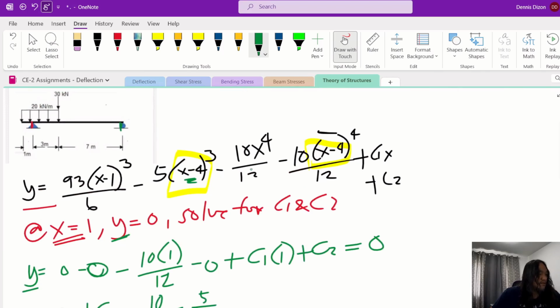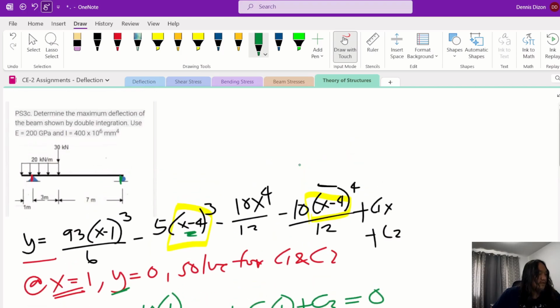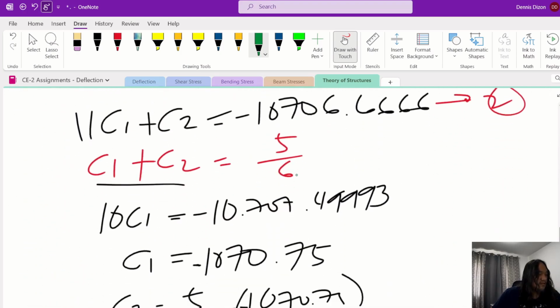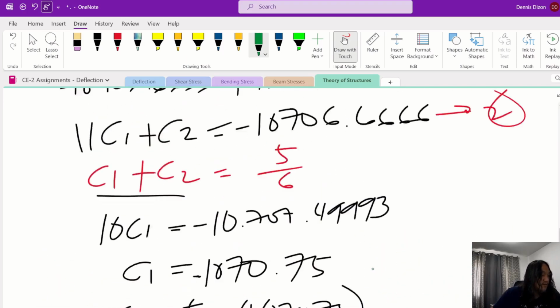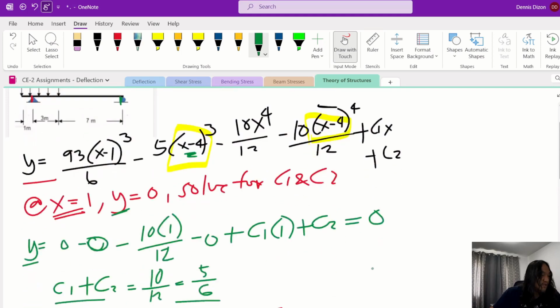Oh, 10x to the 4th minus 12 first. That's fine. We'll just write this as minus 10 times x minus 4 to the 4th. And then plus C1x.